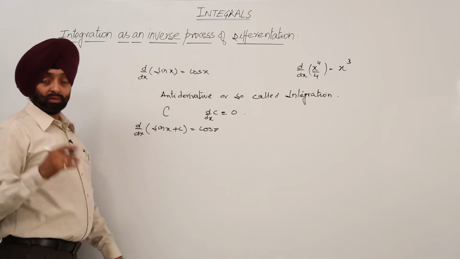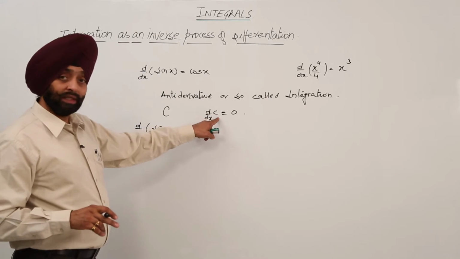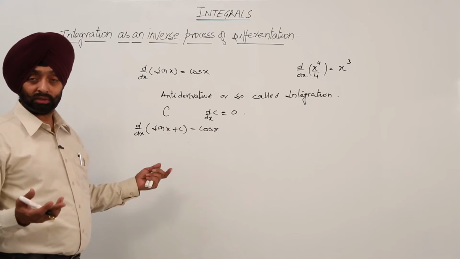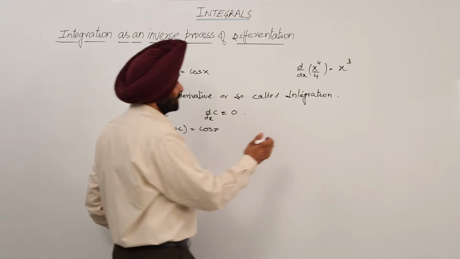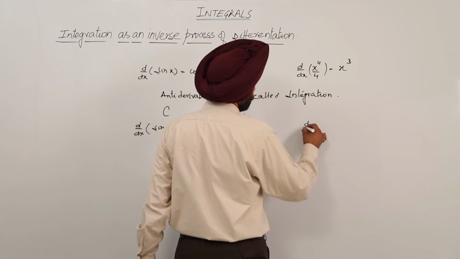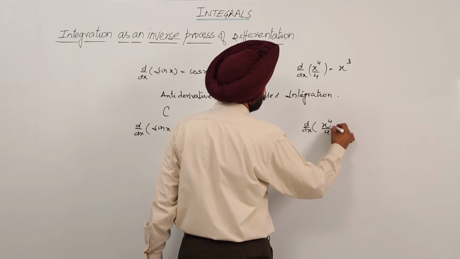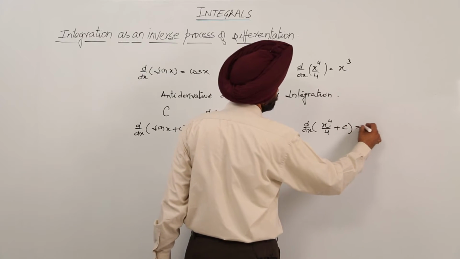Because the derivative of constant c is 0, there is no change. Similarly, d by dx of x raised to power 4 upon 4 plus c is equal to x cube.